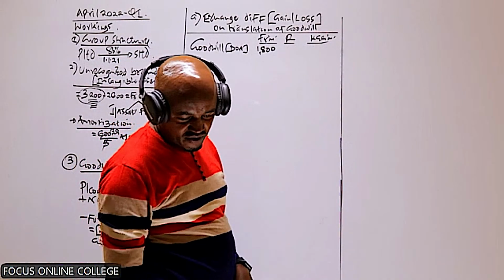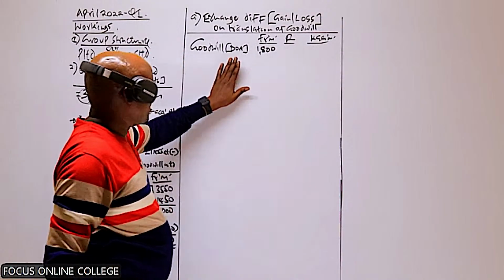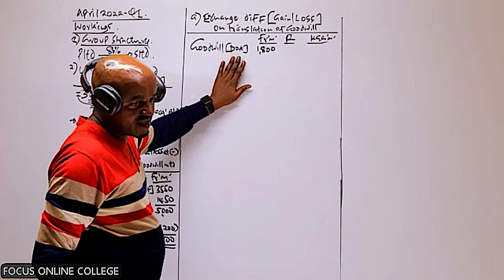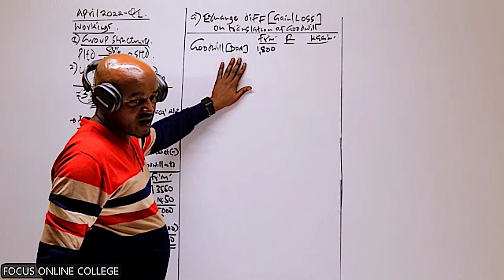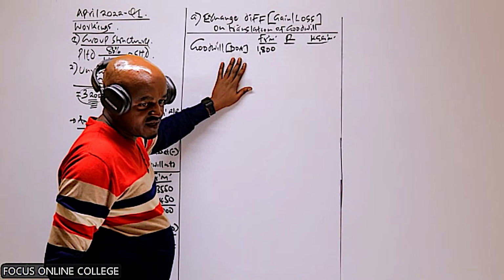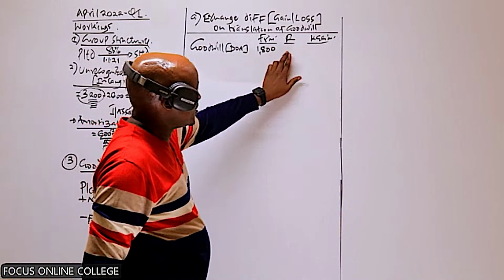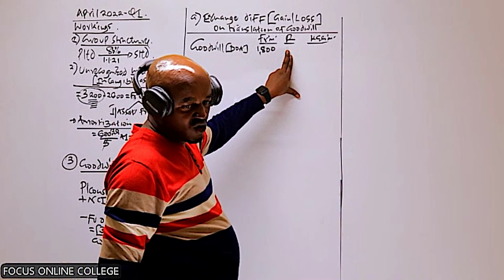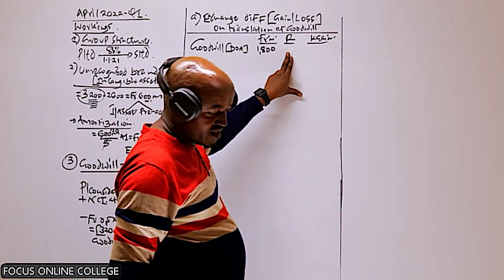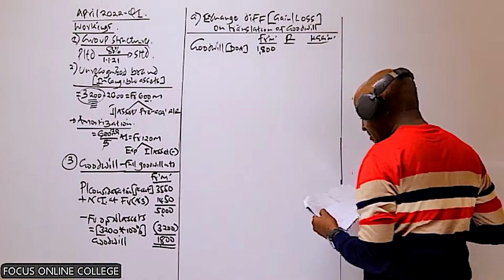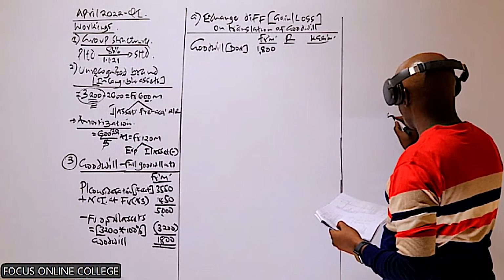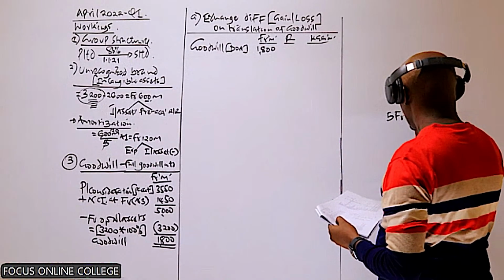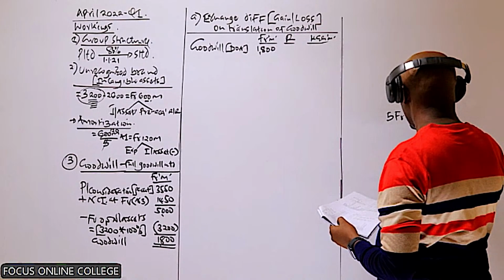Which exchange rate do we use here? Remember, this is goodwill on the date of acquisition, 1st January 2021. So we translate this using the opening exchange rate. The opening exchange rate as per note number 5 is 5 franc, which is equal to 1 Kenyan shilling.